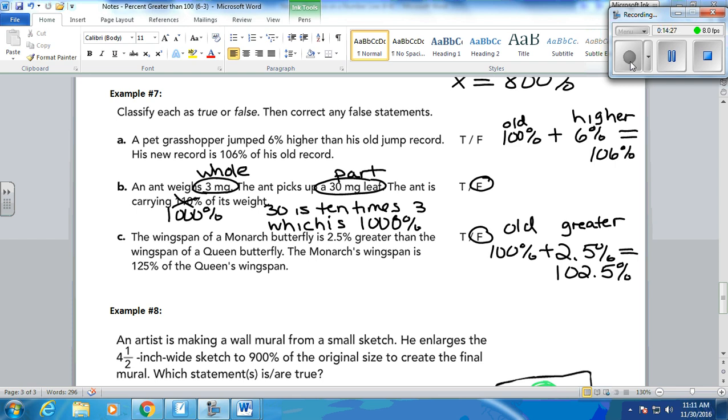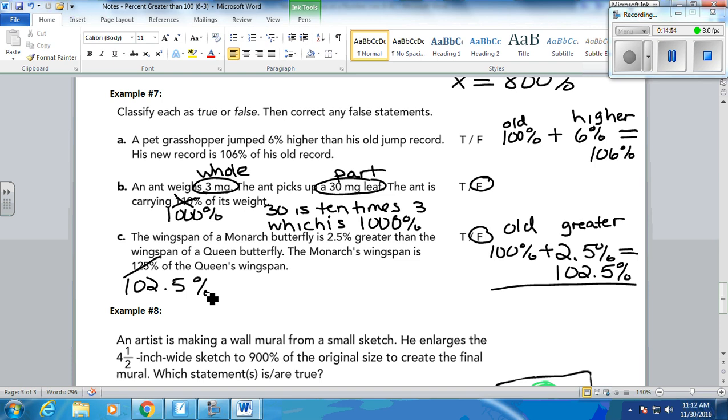So since 30 is 10 times 3, that's actually 1,000%, not 110%. And then for C, the wingspan of a monarch butterfly is 2 5/10% greater than the wingspan of the queen butterfly. So really, I'm showing over here with my number sentence the correct answer, instead of 125%, should be 102 5/10%.